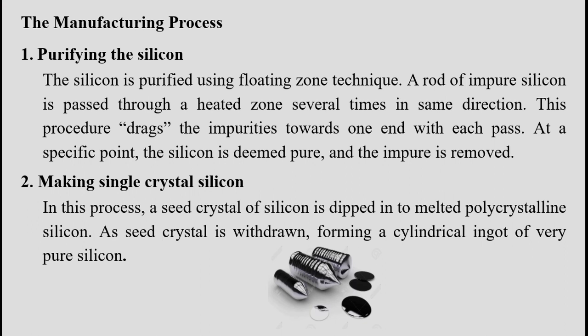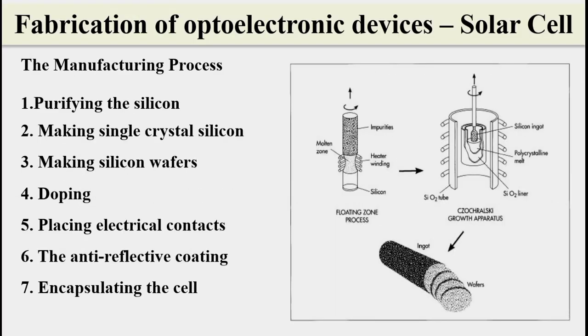You know that in this type of technique, here this is the silicon dioxide tube, and here that is the heating coil, the furnace. This total you call the furnace. Here this is the polycrystalline silicon.